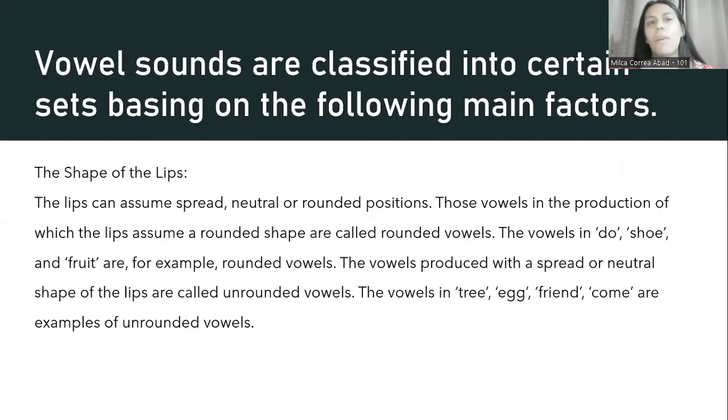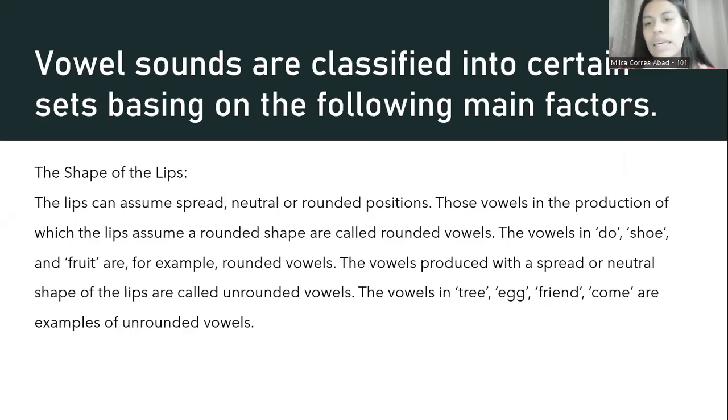Vowel sounds are classified according to the following main facts. As I said, the first is the shape of the lips. The lips can assume spread, neutral, and rounded positions.